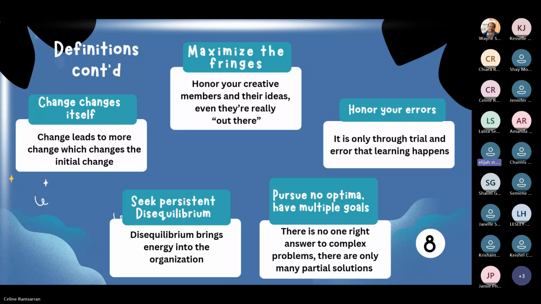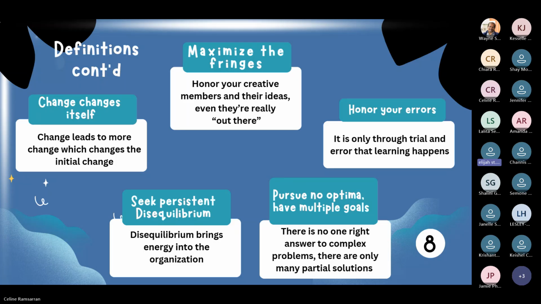Maximize the fringes. This is honoring the creative members of the group, even if their ideas are out there. Some people might have outlandish, extreme ideas, but we still should honor them and give them space to grow, even if it fails, which brings us to the next point, which is honoring your errors, right?